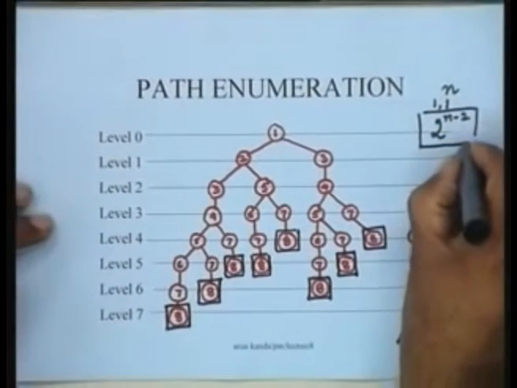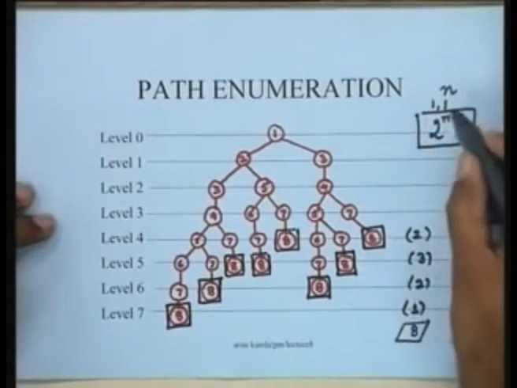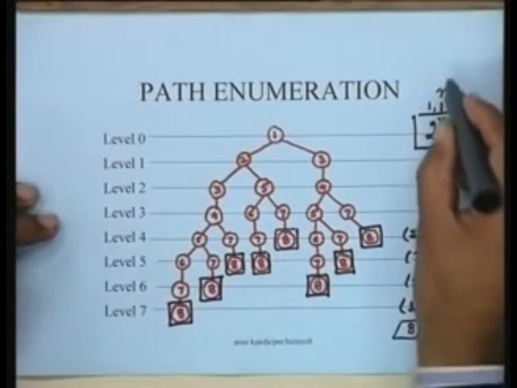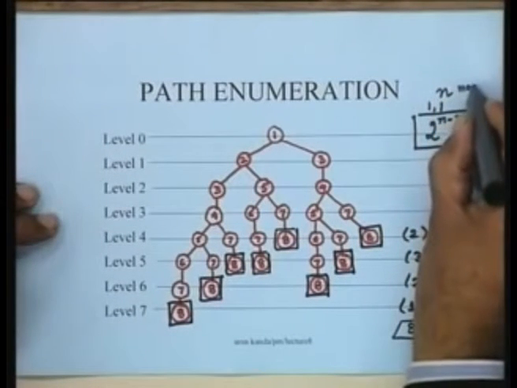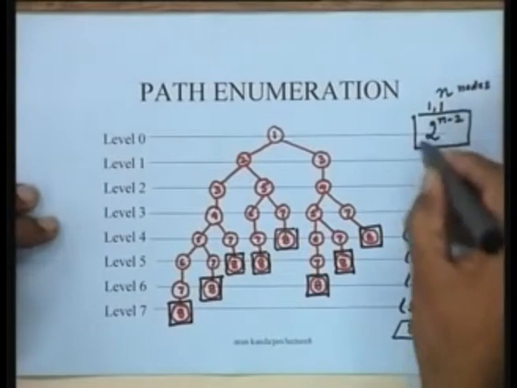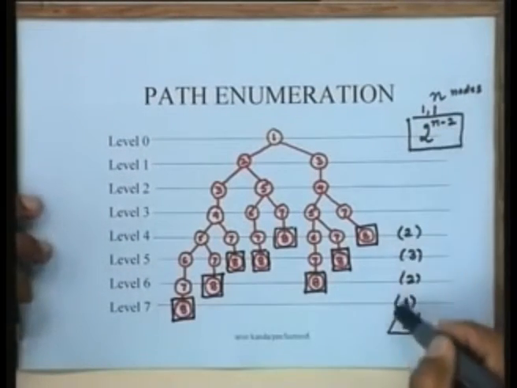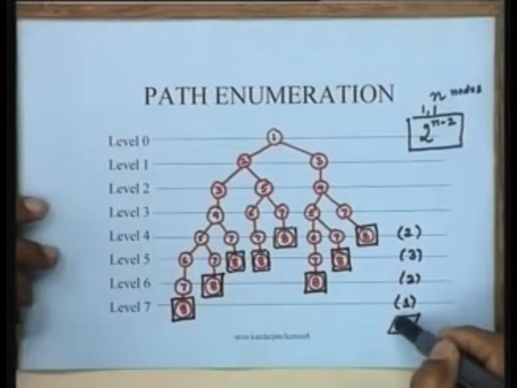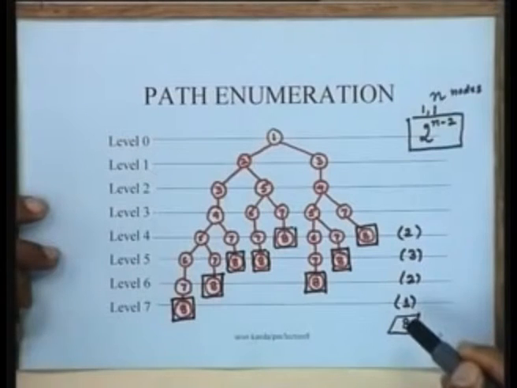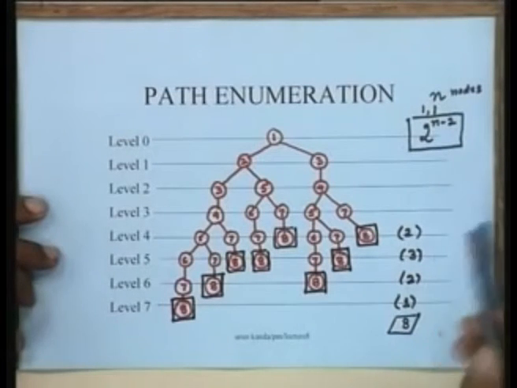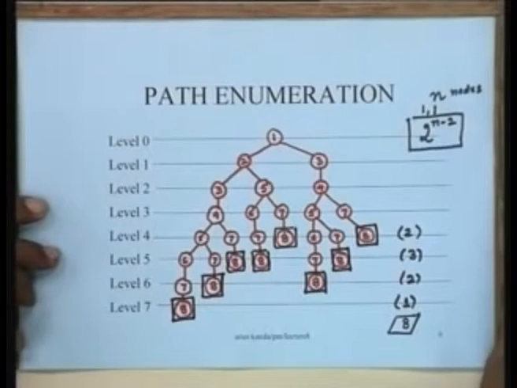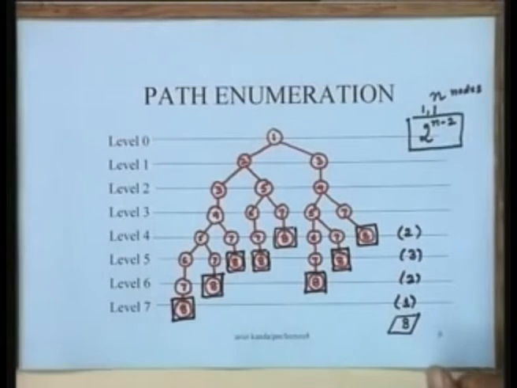This number can be very, very large. For this particular example, the upper bound on the number of paths is 64, whereas there are actually 8 paths in this network.